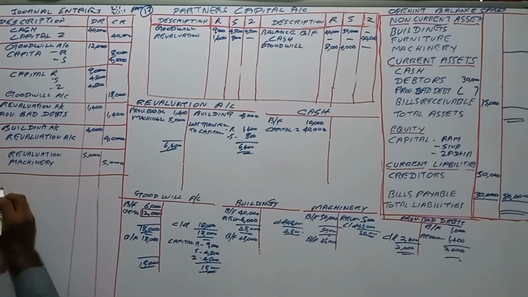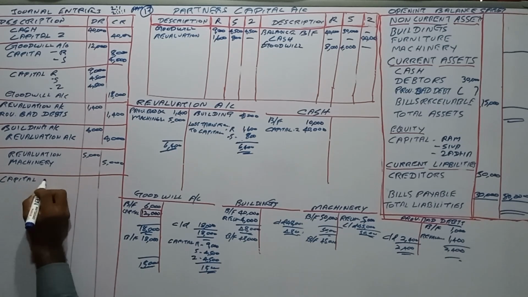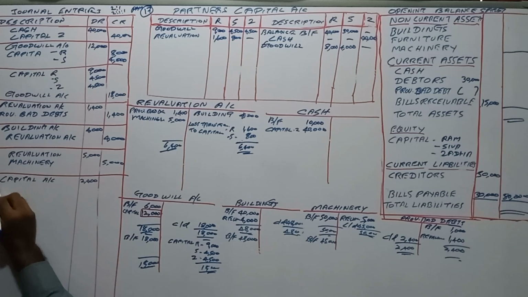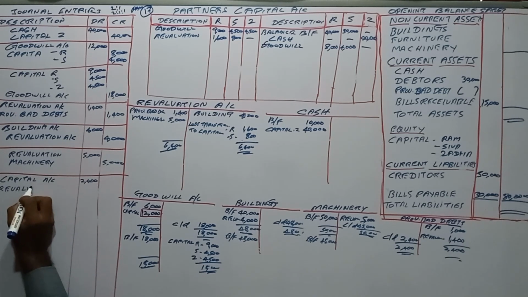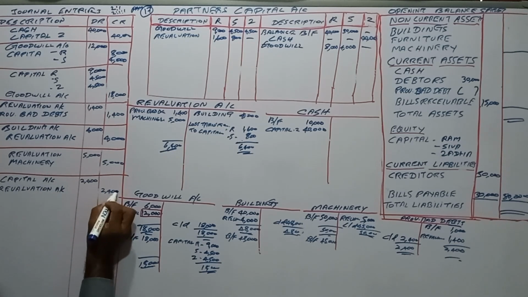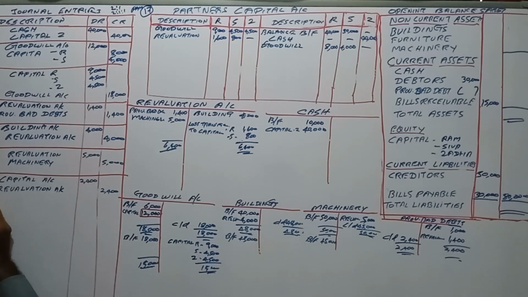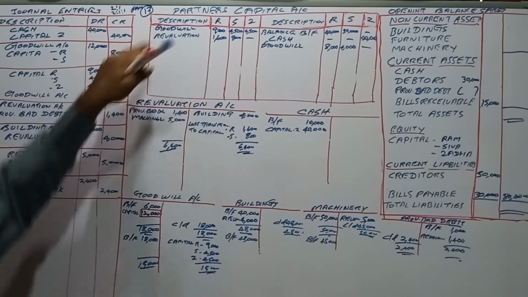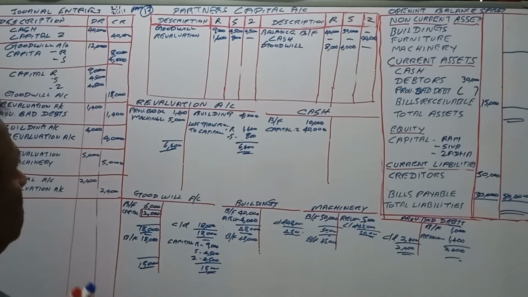Eighth entry: capital account debit 2,400, revaluation account credit 2,400. Right? Because the revaluation loss had been transferred to the partners' capital accounts.